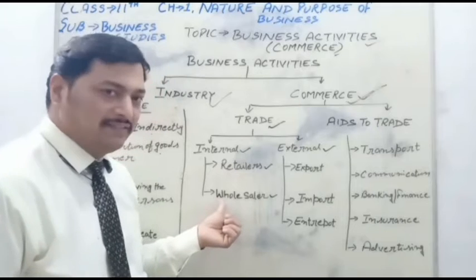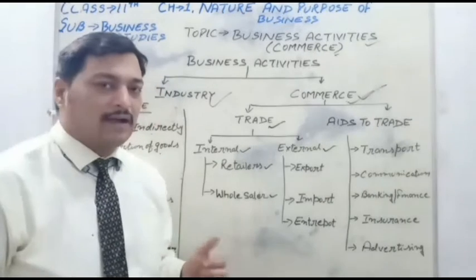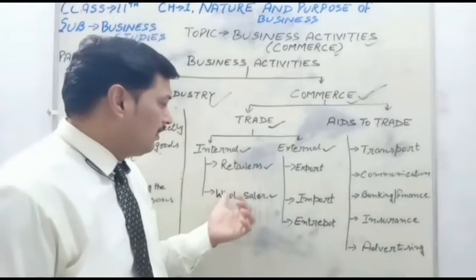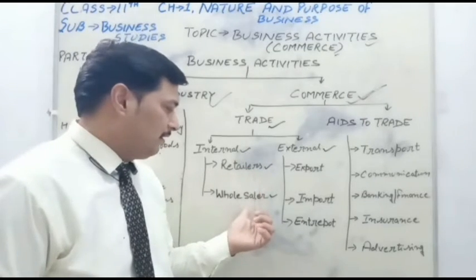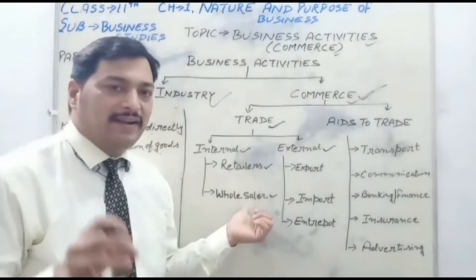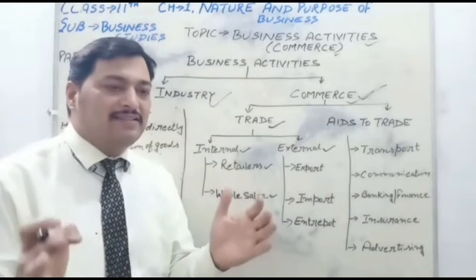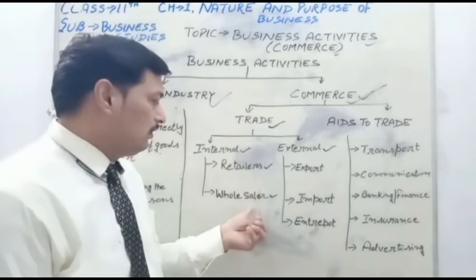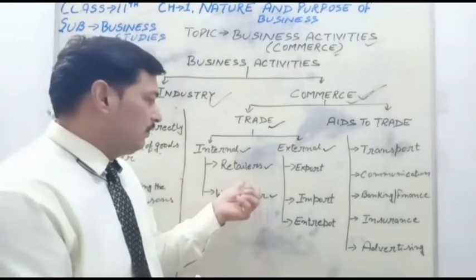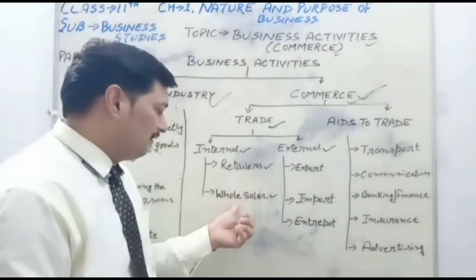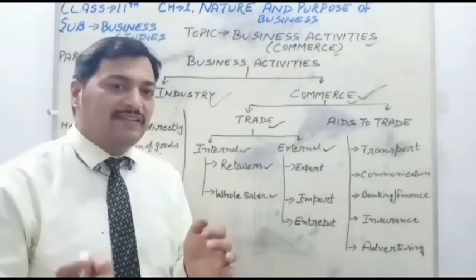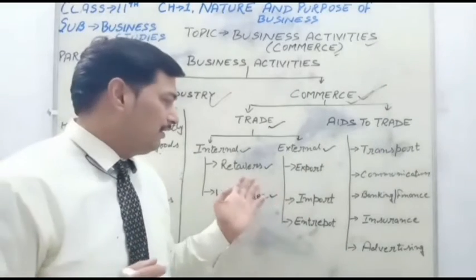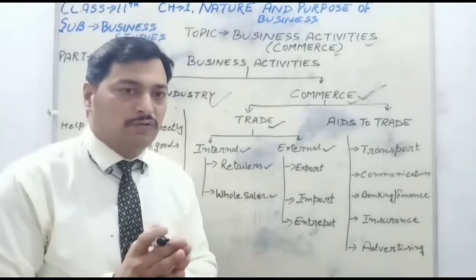Next is the wholesaler. The wholesaler buys goods from the manufacturer and sells to the retailer. The wholesaler provides credit facility and arranges finance and credit for the manufacturer and the retailer. The wholesaler mostly sells a single type of goods, not a variety of goods as the retailer does.